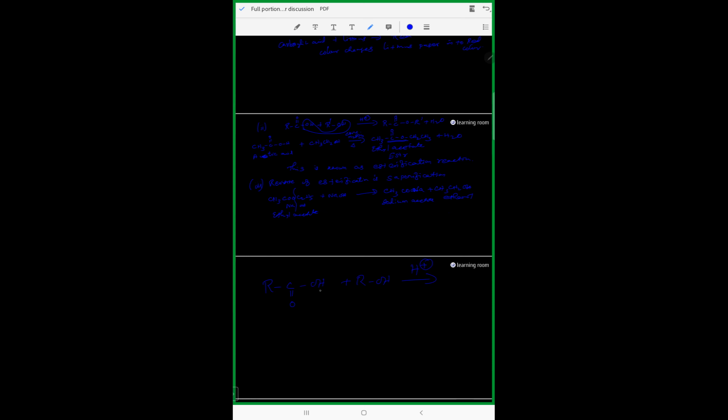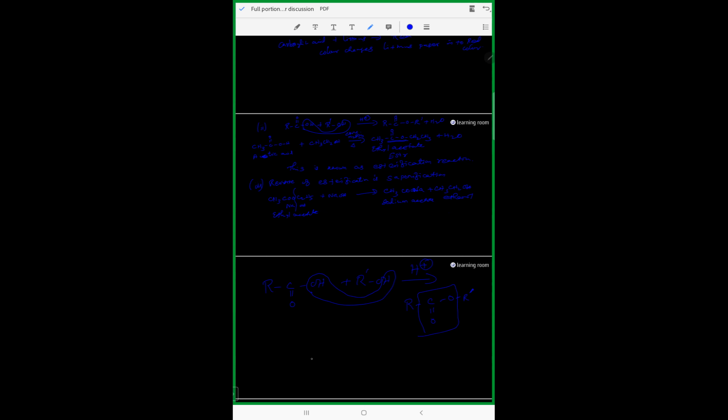Then what will happen if you have ROH? Here OH is there, no? This OH can be protonated, or it removes a water molecule. Then it will form RCOOR'. So this COO is flanked between two alkyl or aryl groups, then it is called ester.